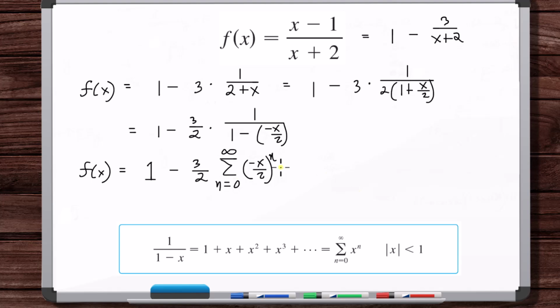Okay, and so this is geometric, so we can solve for when the absolute value is less than 1. Minus 1 to the n, like that.